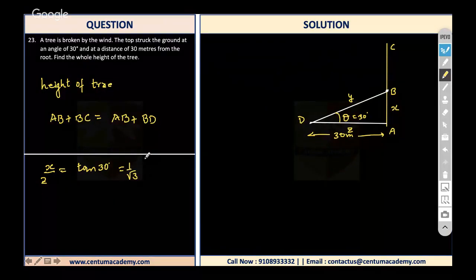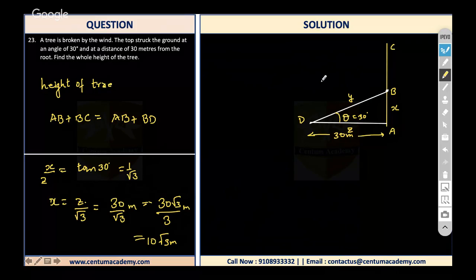If you make it root 3, then the entire problem will be wrongly solved. So X equals Z upon root 3. What is Z? Z was 30. So 30 by root 3 meters, which, rationalized, gives 30 root 3 by 3 meters, which is nothing but 10 root 3 meters.